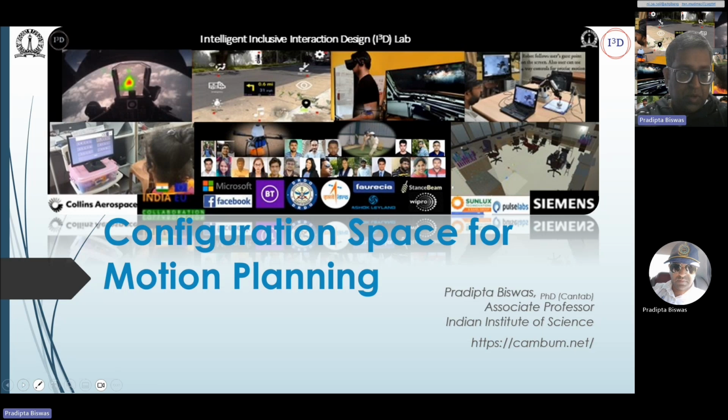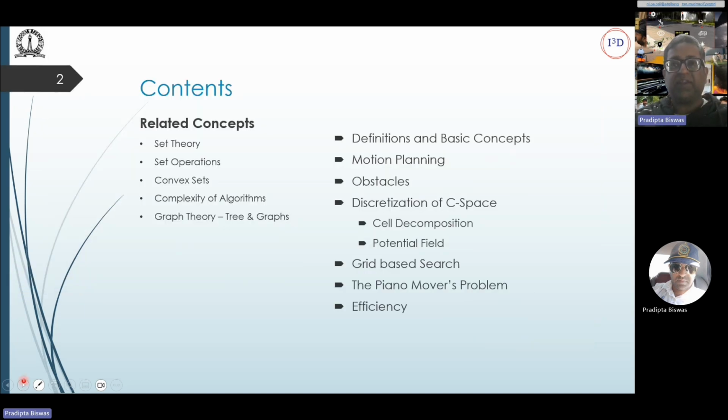So we will indeed require a bit of prerequisites. I think we already discussed some of them, like set theory and set operations, which you may remember from your high school days. We will also use convex sets, where we will further elaborate on the concept as we go along.